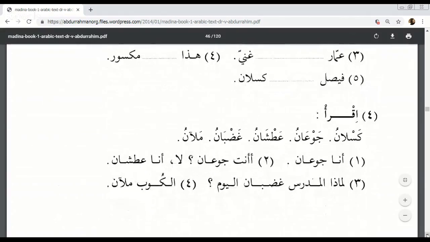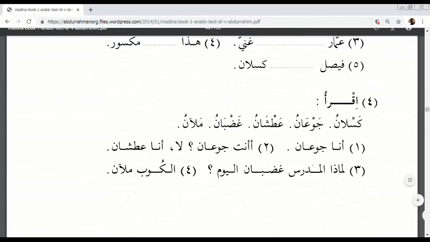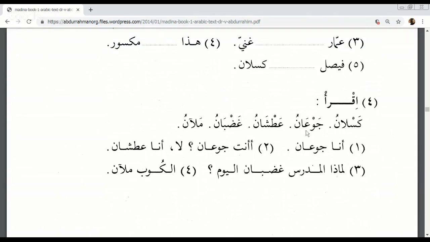And then the next exercise is a reading exercise. So you have words like kaslanu. Kaslanu means lazy. Jaw'anu means hungry. Atshanu means thirsty. Ghadbanu means angry.